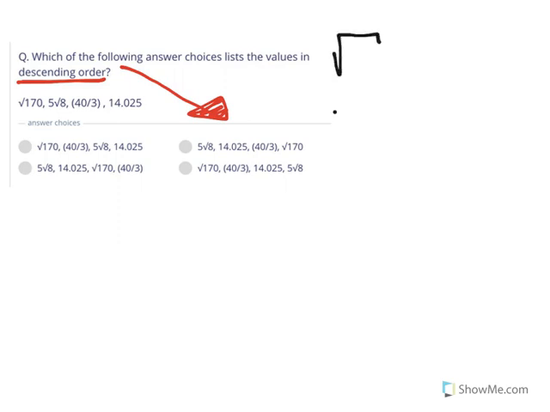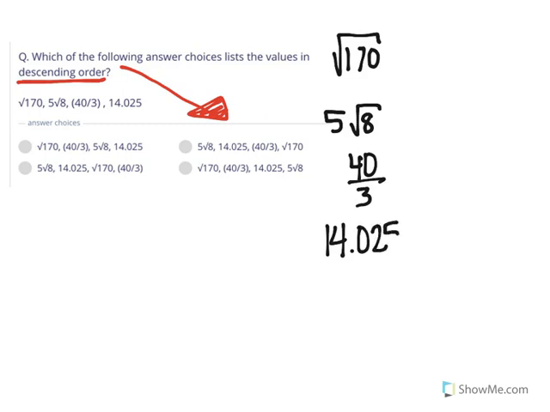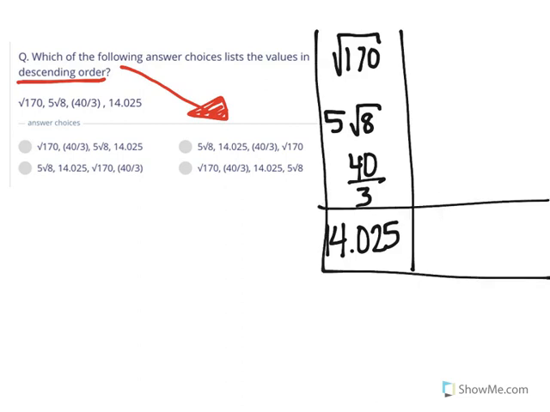So square root 170, 5 square root 8, 40 thirds, 14 and 25 hundredths. And I'm going to type them in my calculator exactly the way I see it.